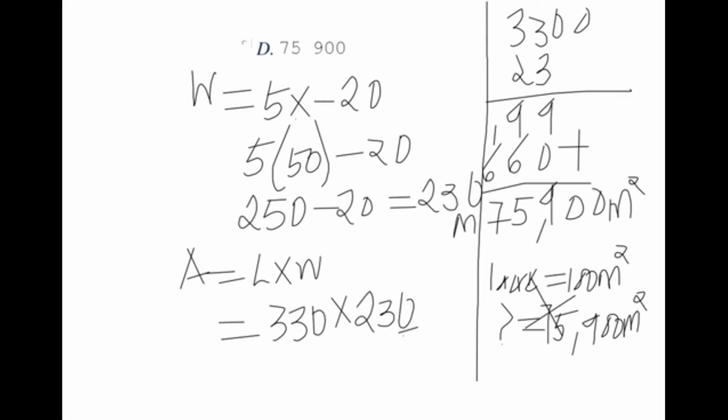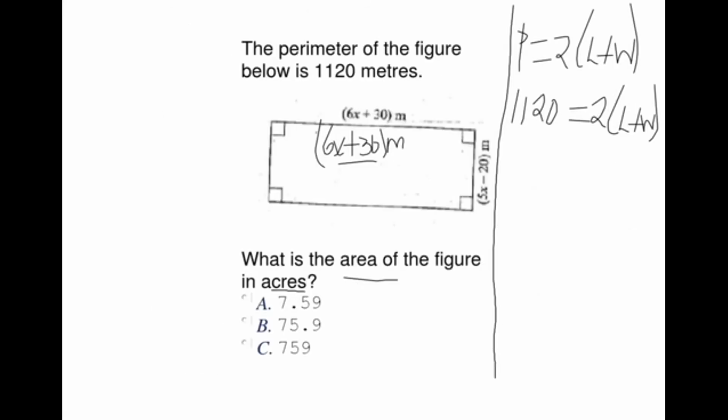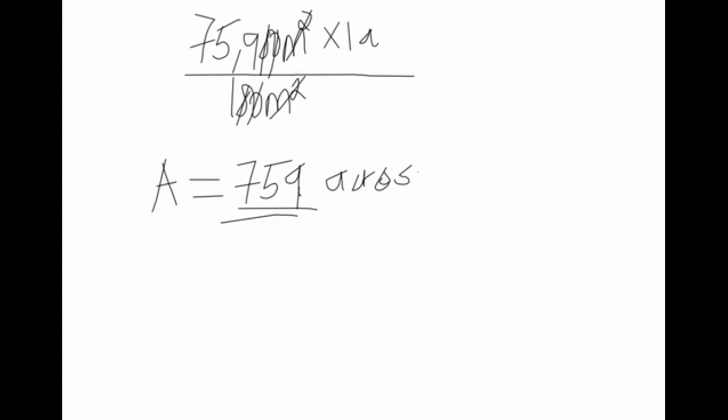We have 75,900 meters squared times 1 acre divided by 100 meters squared. Meters squared cancels, and these two zeros cancel. We remain with 759 acres. That is our area in acres.